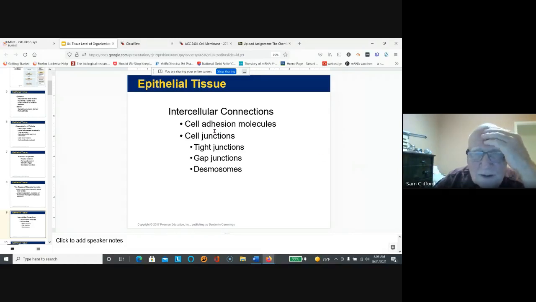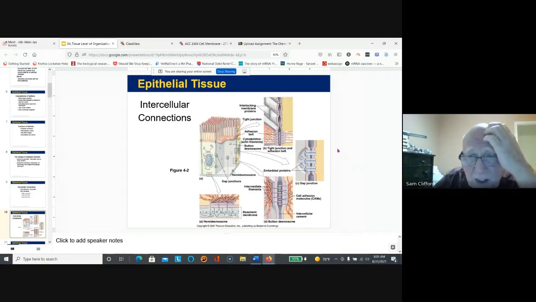So if epithelial tissues are packed together, there's got to be sticky molecules and junctions. I want you to know about tight junctions and gap junctions. So we look here. You should know that a gap junction is an electrical synapse.